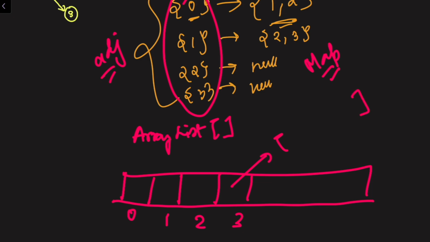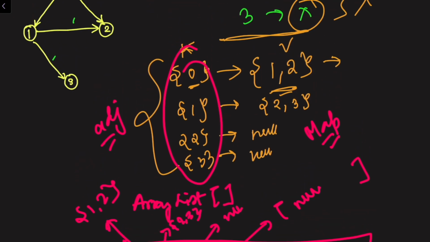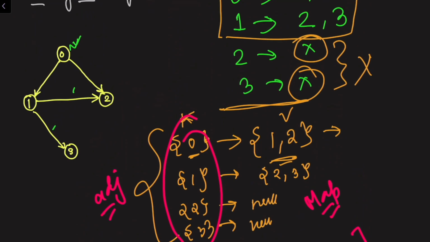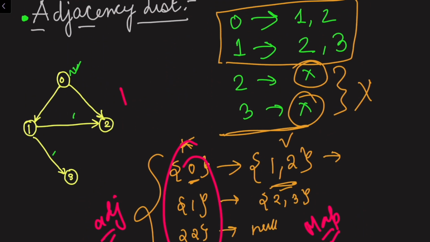So for 3 it should be null, for 2 it should be null, for 1 it will point to 2 and 3, and for 0 it will point to 1 and 2. So this is how we represent an adjacency list in a directed graph.